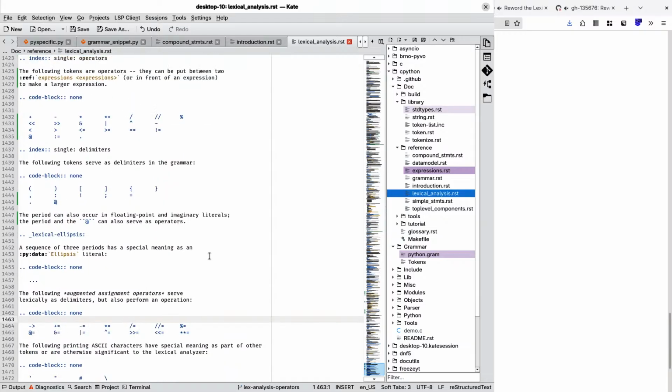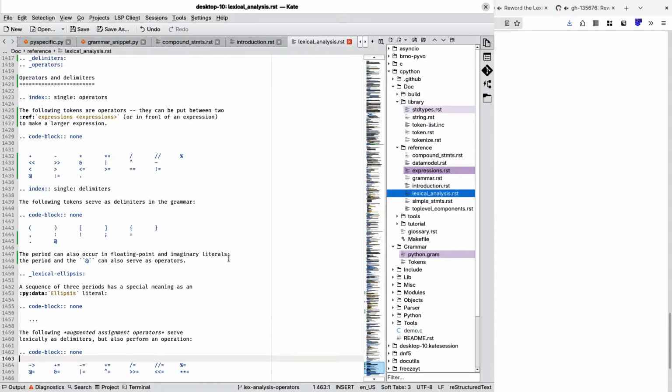So that's just the symbol tokens that are not operators.